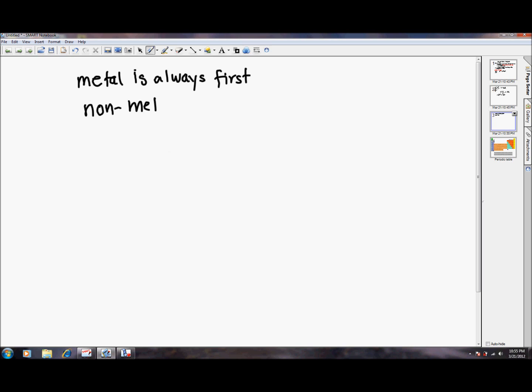The nonmetal will be second. And in these types of compounds, you're going to change the ending on the nonmetal to -ide.